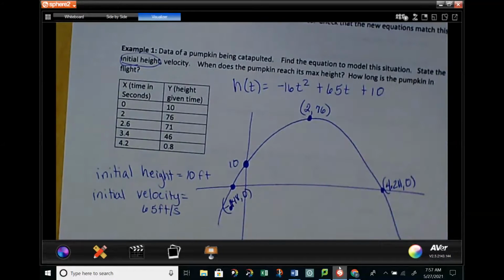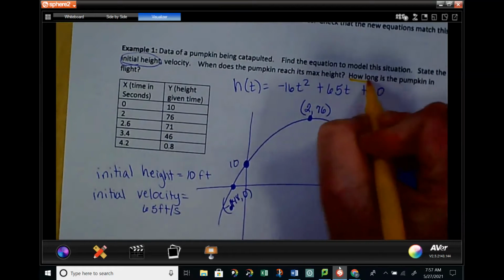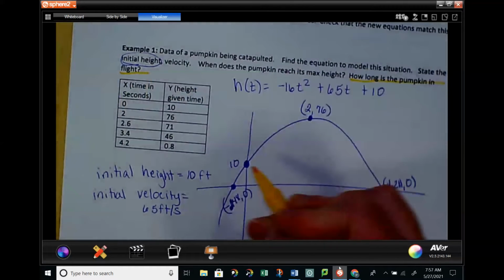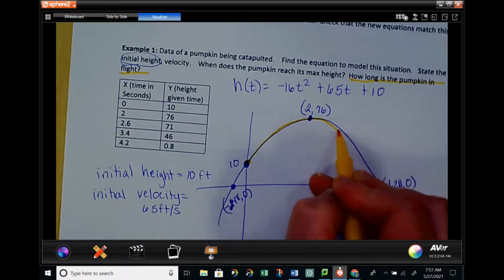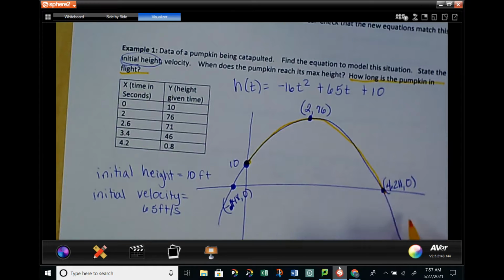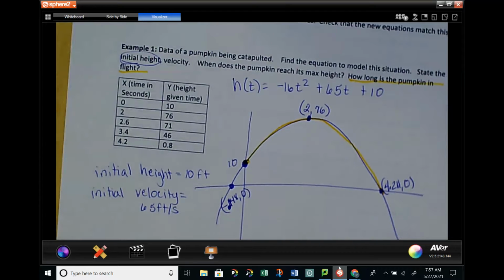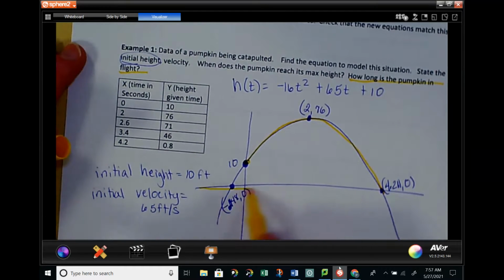So basically, how long was the pumpkin in flight? When you're looking at this, how long was that pumpkin in flight? Well, it started out and it went up, up, up, and then it flew and then it hit the ground. Obviously in our graph, it continues on forever, but this is where it stops.